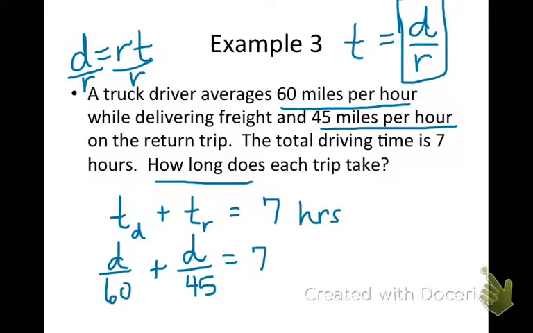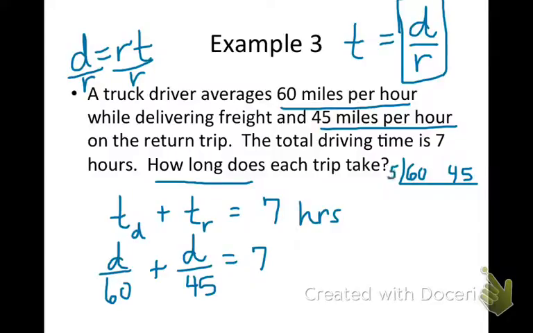So we'll have to get like denominators here, some common denominator. One thing you can do is just multiply the 60 and the 45 together, but I don't like to do that. So if you recall, you can use the least common multiple. So I'll do a quick calculation over here. I take 60 and 45, and then I start dividing out some common factors.